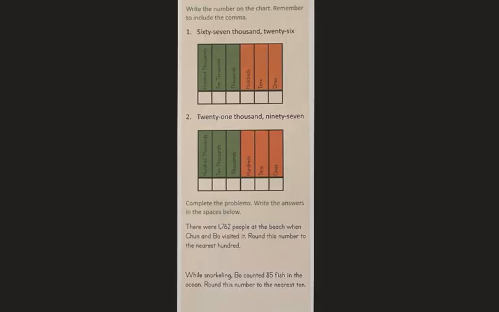For the next column, write the number on the chart. Remember to include the comma. And remember, our clue of how to help with this is to circle the word 1,000 and underline what comes before and after. That helps you make sure that you're putting things in the correct place value area on the chart.